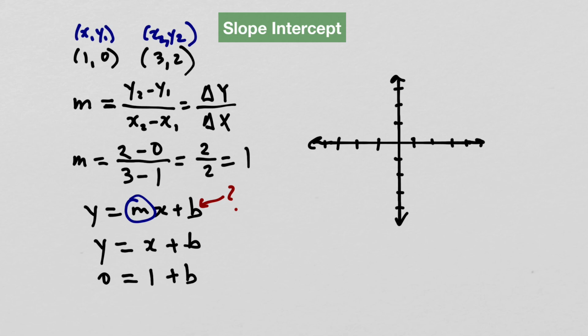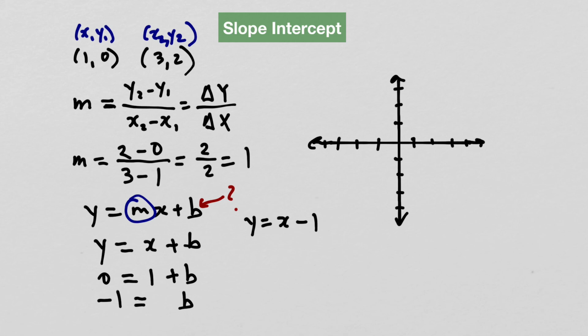And then when we solve for b, we need to subtract 1 from both sides, and we get b is equal to -1. So now we know that our equation is y is equal to x minus 1.